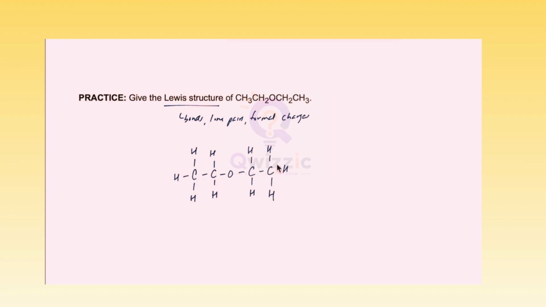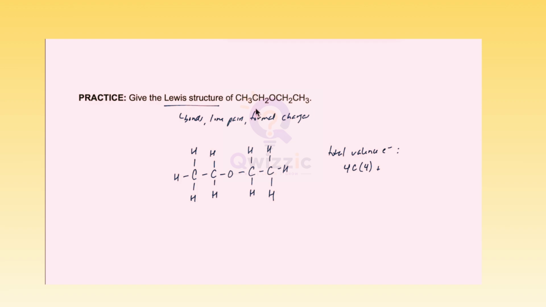We need to look at how many valence electrons overall we have, and does our structure fit this? So total valence electrons. We have 1, 2, 3, 4 carbons, so 4 carbons multiplied by 4 valence electrons.